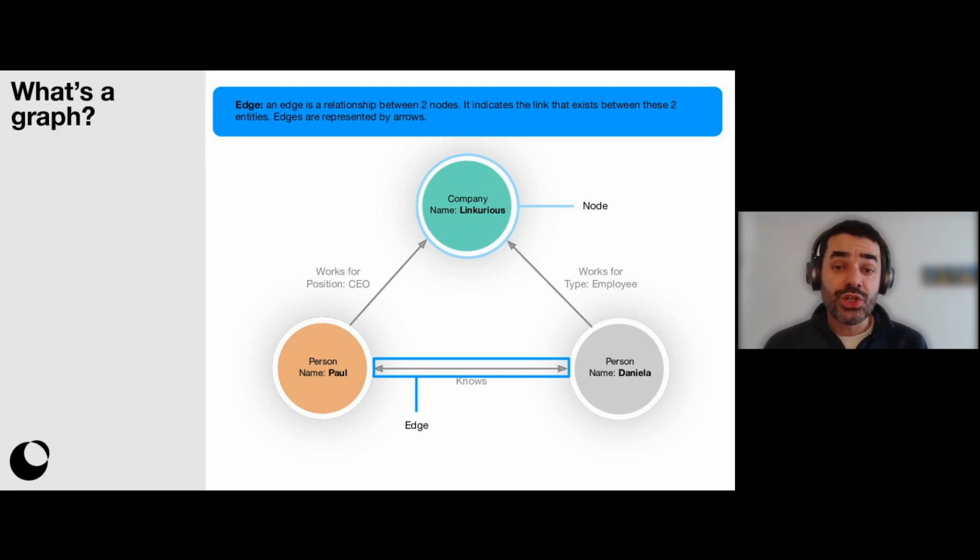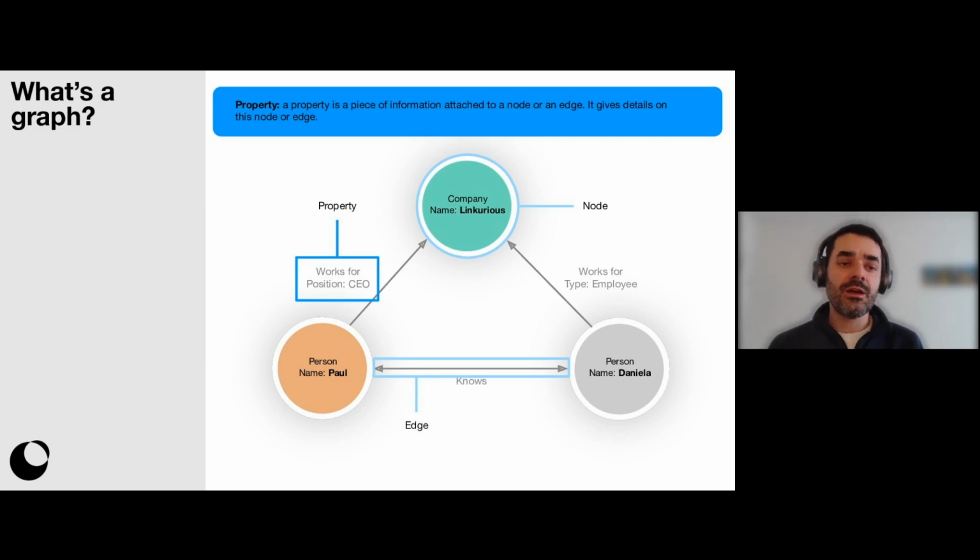An edge is really a relationship between two nodes. It indicates the link that exists between these two entities. And edges, in this context, are represented by arrows. You can see highlighted in blue an edge, and that edge represents the fact that Paul and Daniela have a relationship, meaning that they know one another.